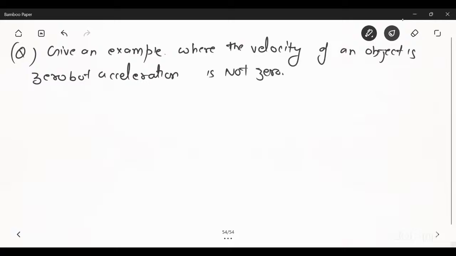In projectile motion, at the highest point, the velocity will be zero but its acceleration will not be zero. In the next video, I will discuss what projectile motion is, and you will be clear about it.